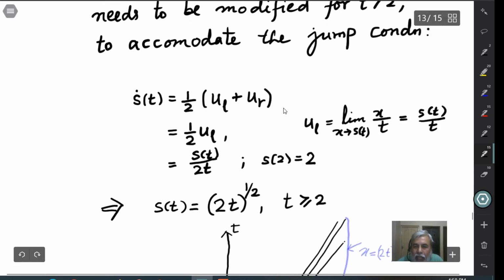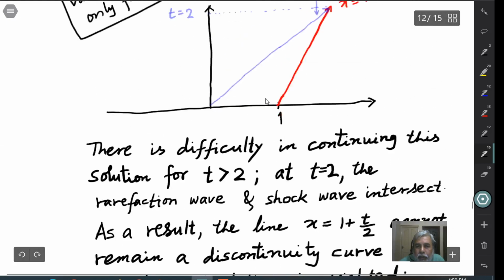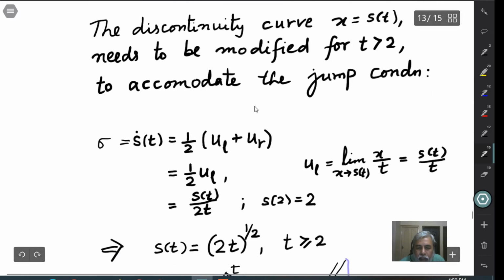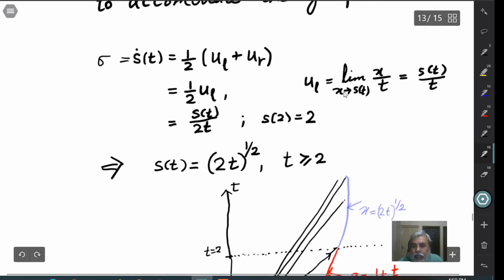So again remember, we are in the Burgers' case, so this s dot t, which would be also denoted by sigma, is half of ul plus ur. This ur is 0, just remember that the third state is 0, and ul is the limit of the solution as we approach the curve of discontinuity from the left.